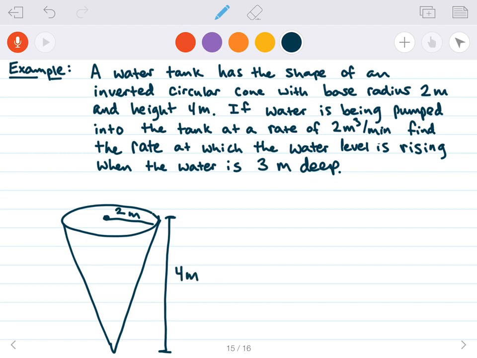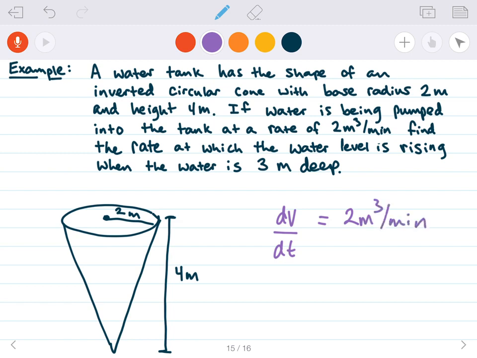Now they tell us the water is being pumped into the tank at a rate of 2 meters cubed per minute. So since we're dealing in a unit cubed per time unit, this is dV dt, the change in volume with respect to time, which is going to be 2 meters cubed per minute.